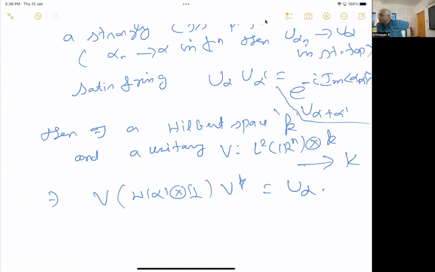What is the question? My issue is that we initially defined Weyl operators on Fock spaces. The Weyl operator is a specific, concrete operator defined on Fock space, and they satisfy the commutation relation. Now you have some other collection of unitaries u alpha which satisfy the same kind of commutation relation. Then that is equivalent to this.